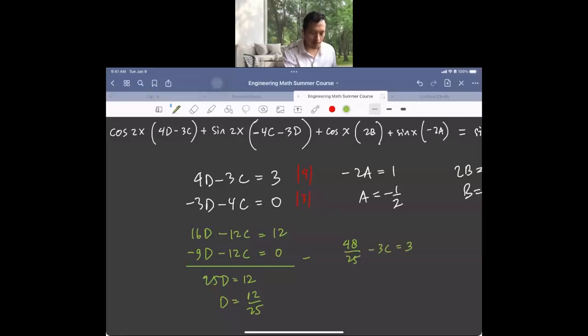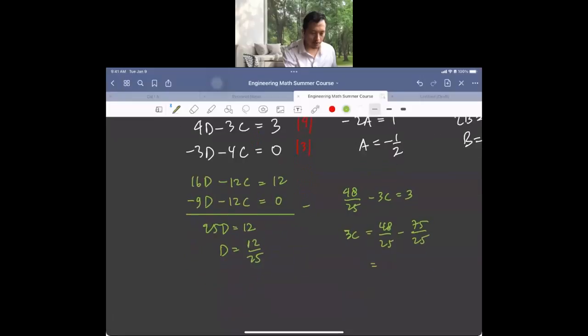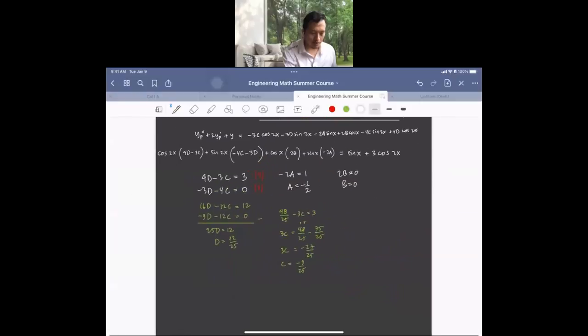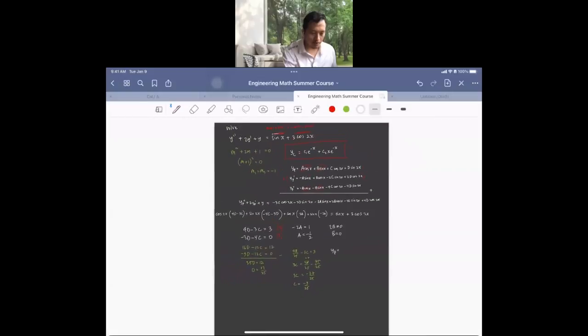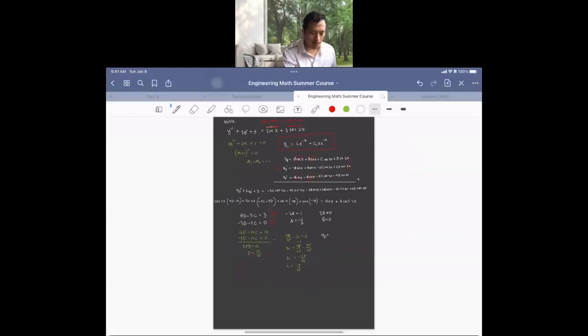So 48 over 25, minus 3c is 3. So 3c is, right, and then we get 27, right? 27. Okay, we got that. So we get all the constants.